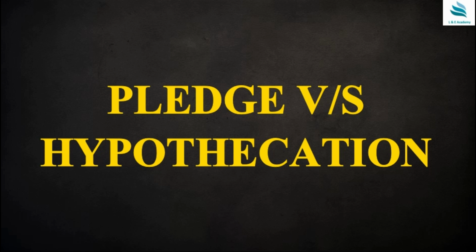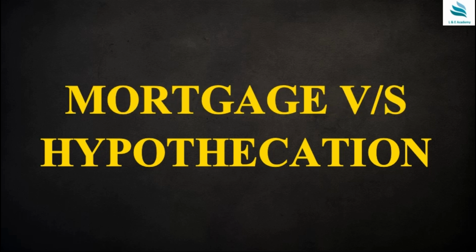Now let's talk about mortgage. Mortgage versus hypothecation. Mortgage is also a way wherein you put your asset in the bank books. This means the possession remains with the borrower. However, mortgage is used for non-movable assets.